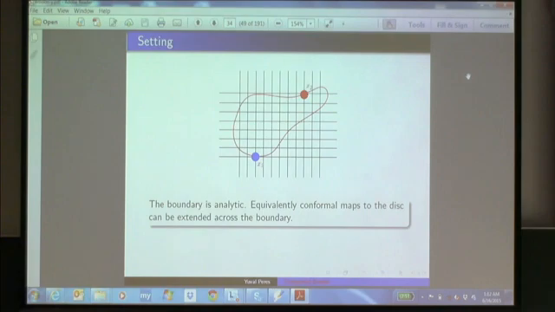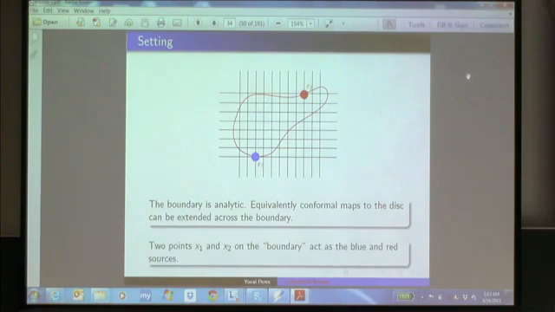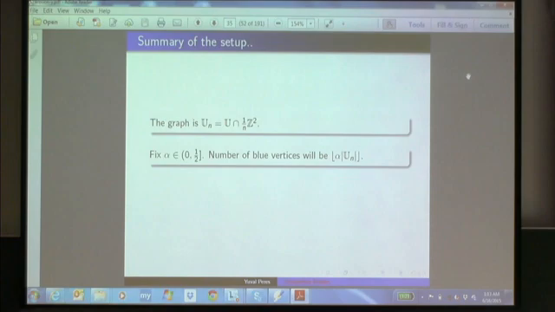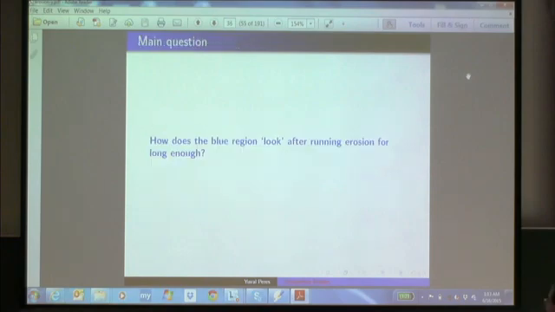So some are blue, some are red, a fixed proportion, not necessarily half-half. So just some fixed number are blue, some fixed number are red, and that fixed number will be retained throughout the process, as I mentioned. Okay, and then the question is, how does the blue region look after running for long enough?